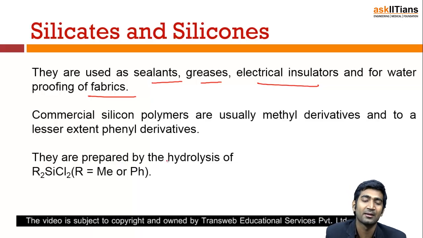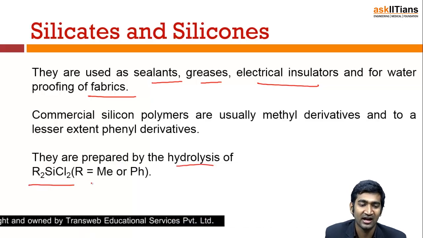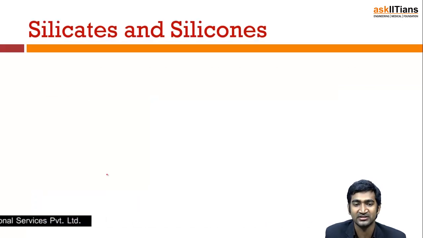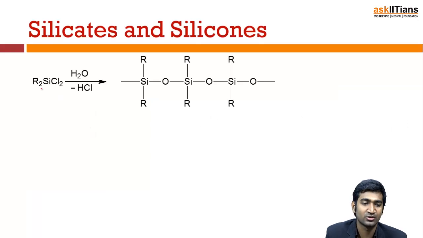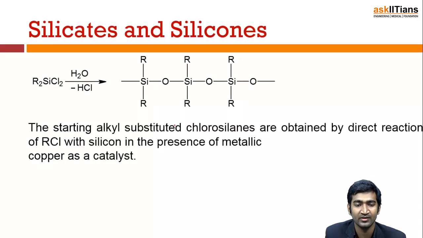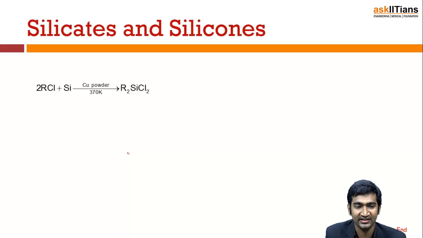And how are they prepared? They are prepared by the hydrolysis of R2SiCl2. First you hydrolyze R2SiCl2 and it will give you this structure. The starting alkyl group is substituted by the chlorosilane, by direct reaction of RCl with silicon in the presence of copper as catalyst. So RCl plus Si, you will get this one first.